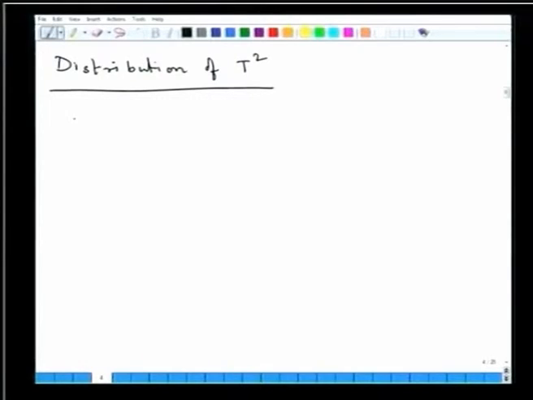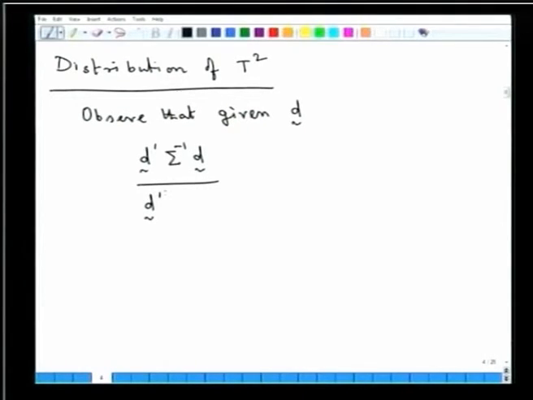Now first observe that, given D, we will have this quantity D prime sigma inverse D divided by D prime S inverse D. This is a quantity which we had introduced in the last lecture, and we know that this has a central chi-square distribution on n minus m minus 1 degrees of freedom, and is independent of this D vector.